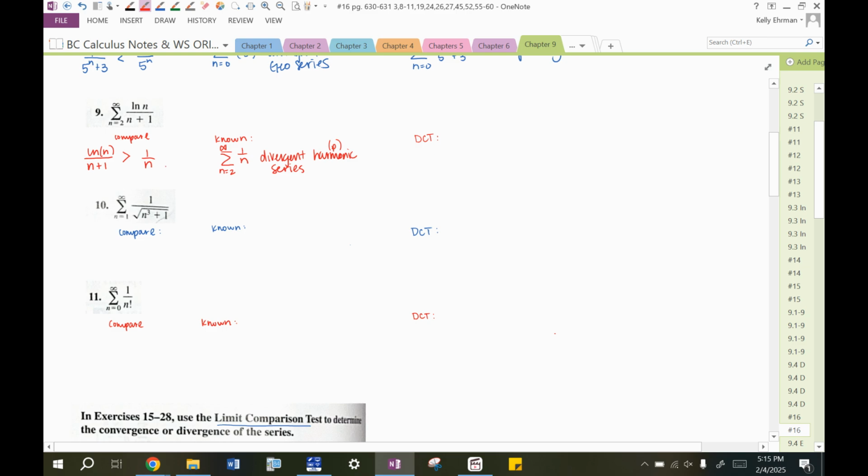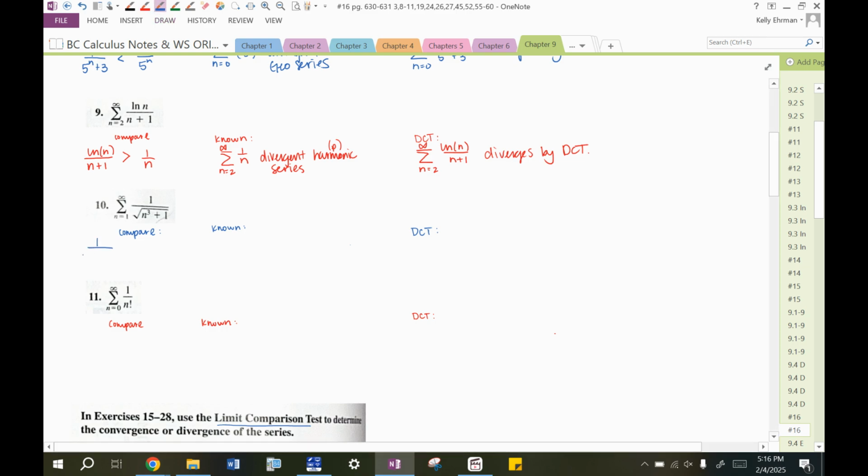And then because the series on the bottom this time is diverging, if it's not decreasing fast enough, then the one on top is not decreasing fast enough either. So the original series from 2 to infinity of ln of n over n plus 1 also diverges by DCT.